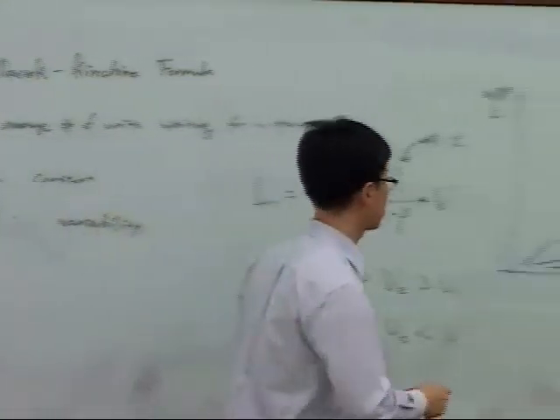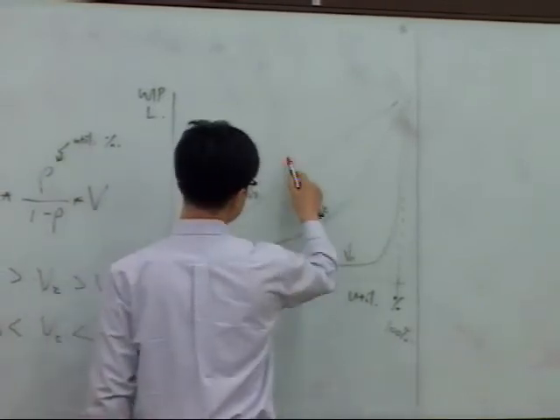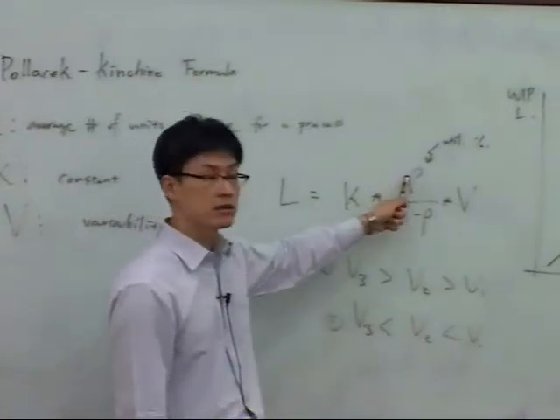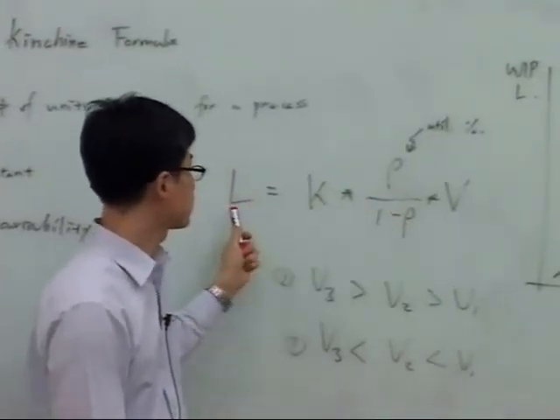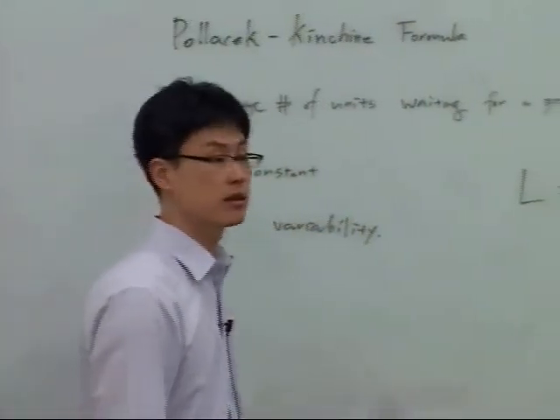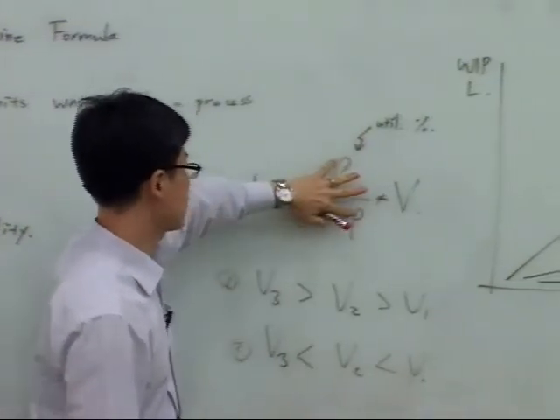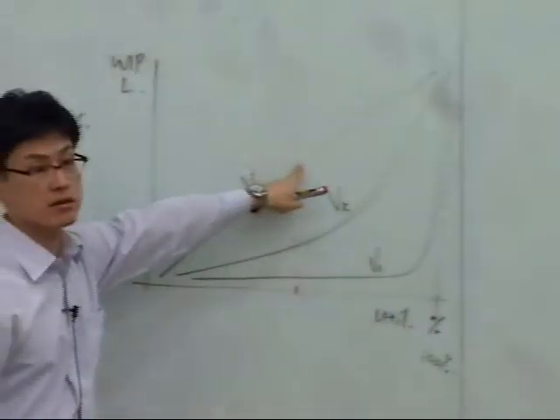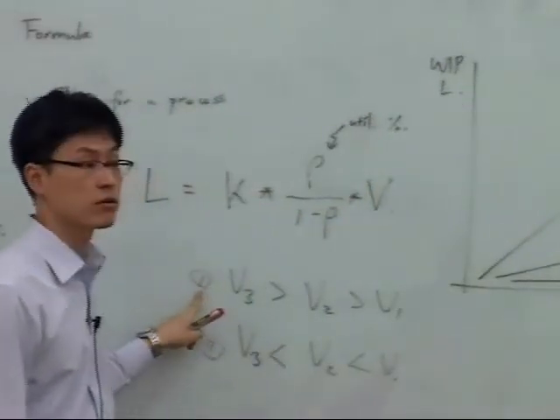You can put any number, so take 50% utilization. 50 divided by 50 cancels out, and you can compare this value. So K times this part becomes constant, and V3 is the highest, L is highest, so number one is true, right?